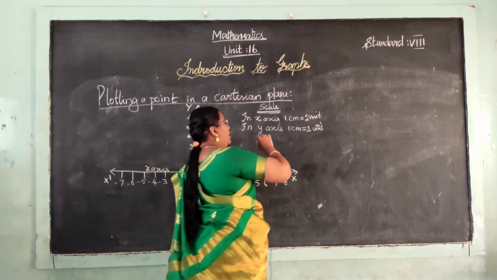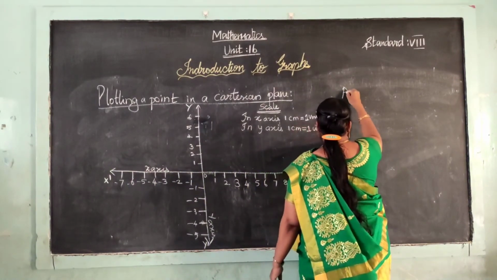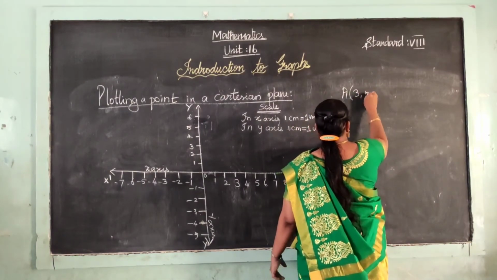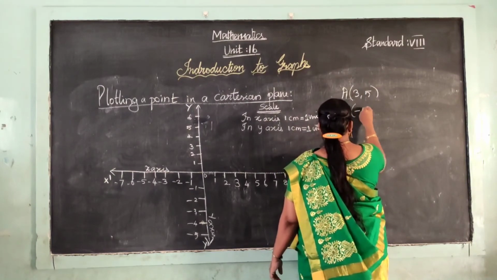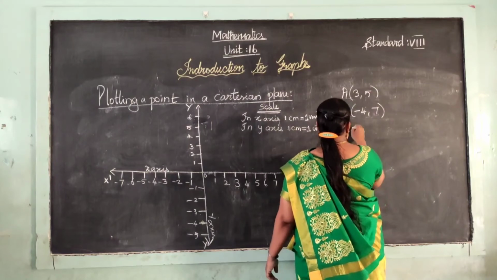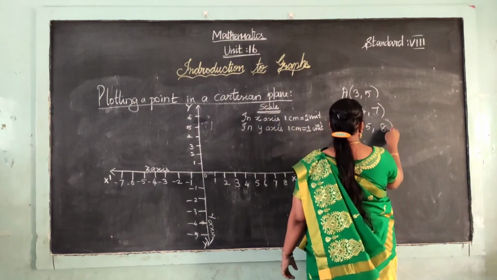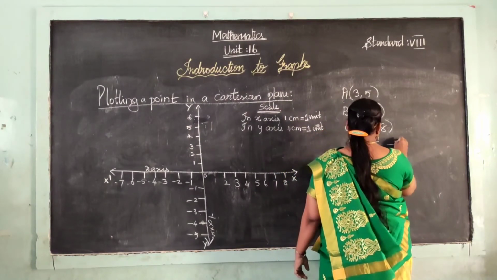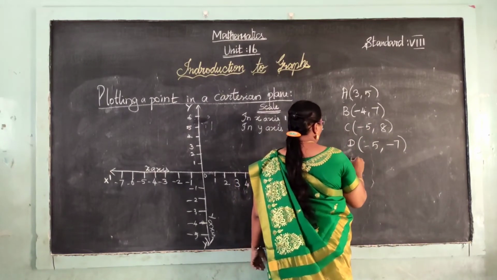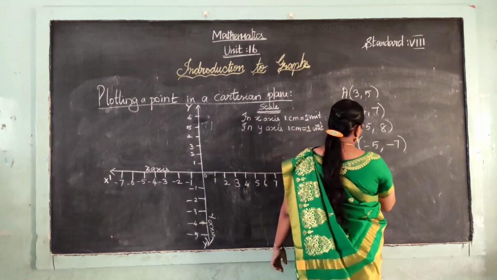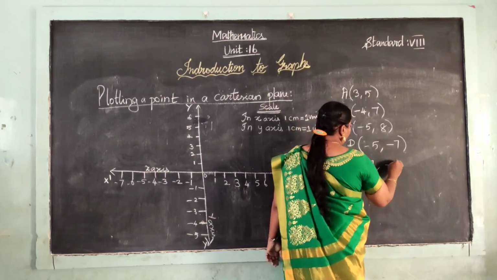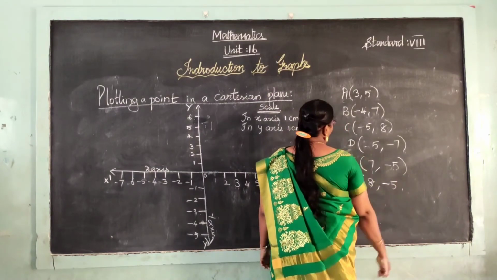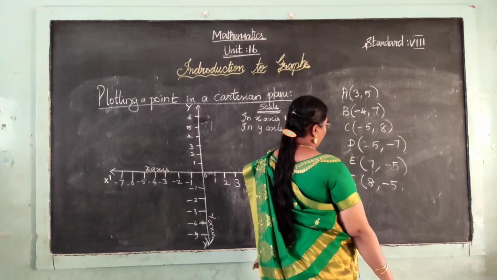Now for example, let us plot the points a (3, 5), b (-4, 7), c (-5, 8), d (-5, -7), and e (7, -5), f (8, -...).